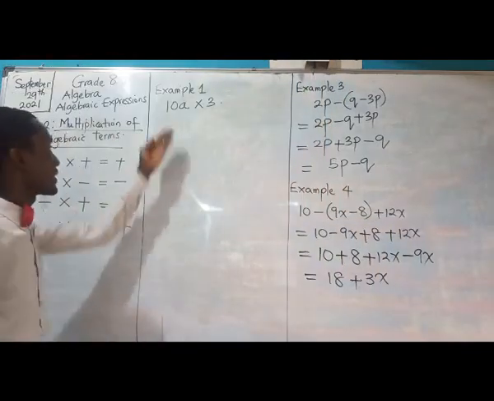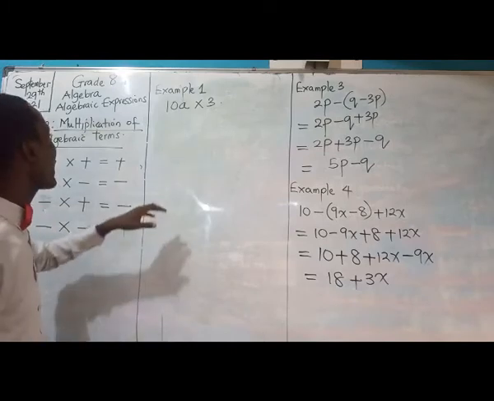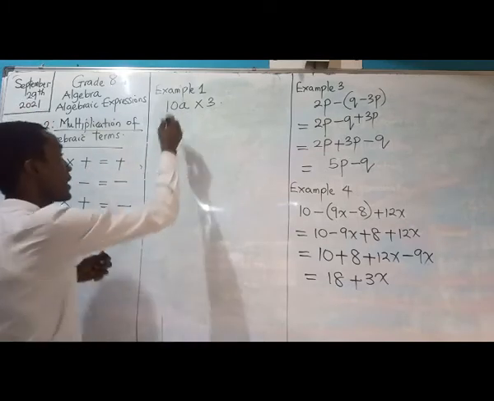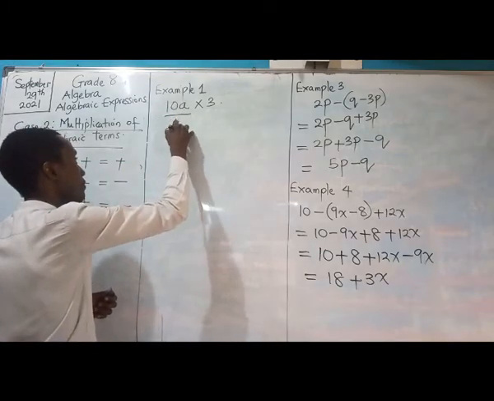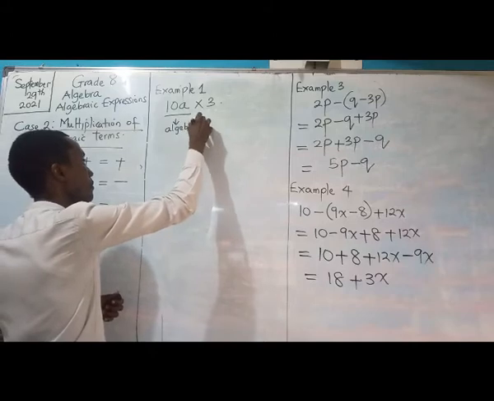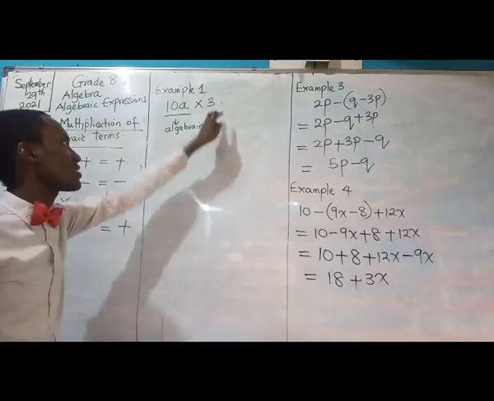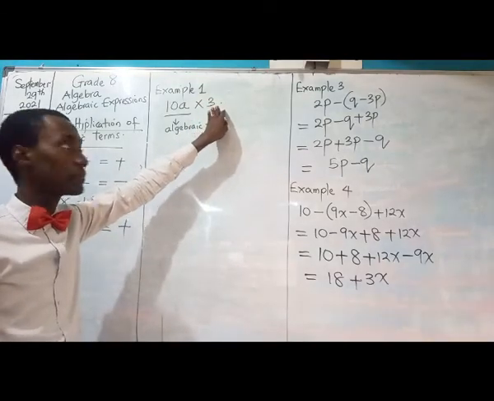Look at question number 1. 10a times 3. We are to multiply the term. 10a is an algebraic term. And this is just an ordinary term, call it 3.